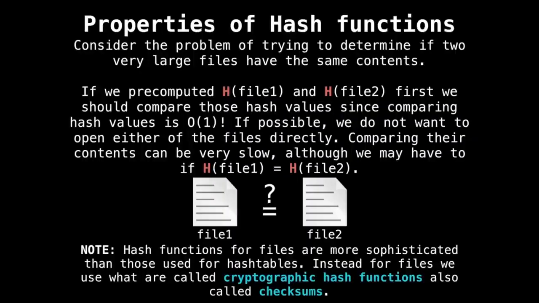So if possible, we don't want to open the files at all. This would be comparing x and y directly, or file 1 against file 2. But we will have to compare them byte per byte if their hash values are equal.